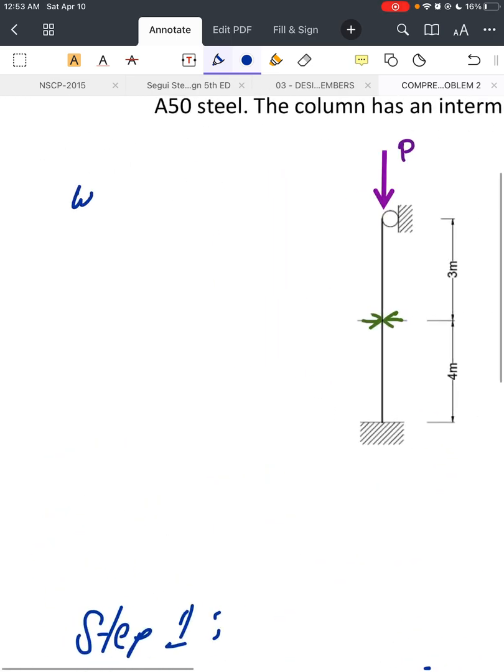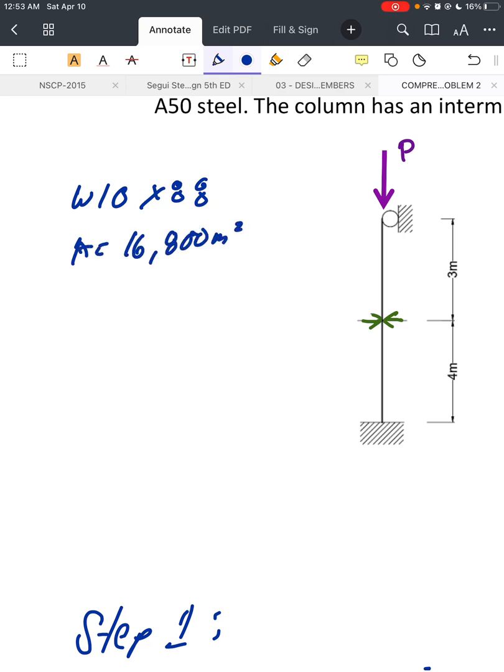Again, for W10 by 88, you have your A equals 6,800 millimeter squared. Your rx is 115 millimeter, and your ry is 66.8.